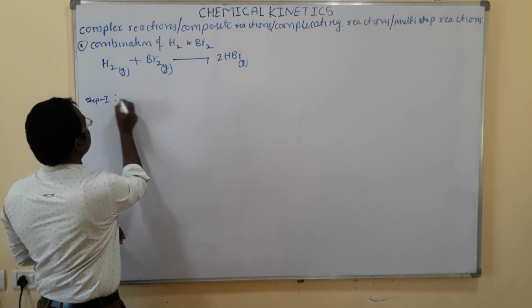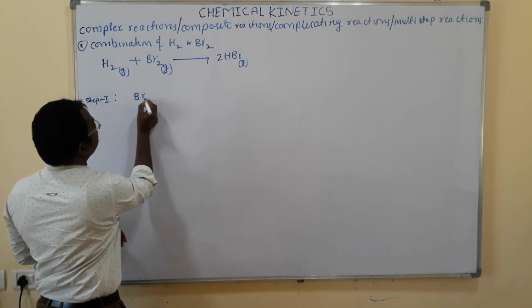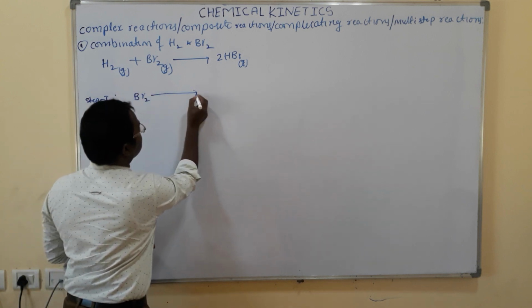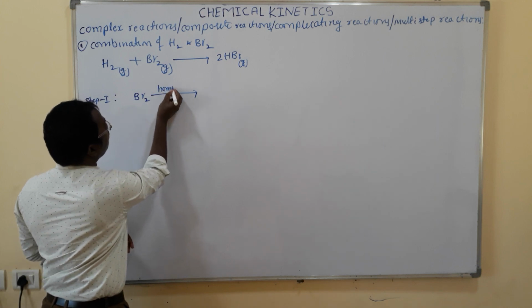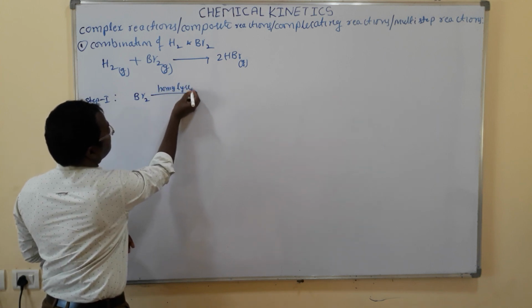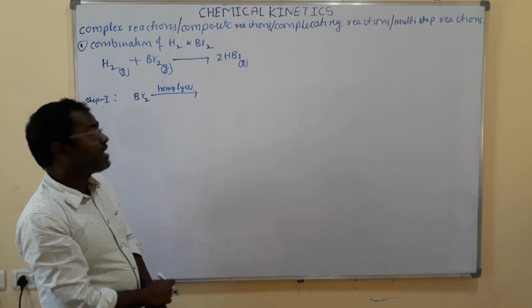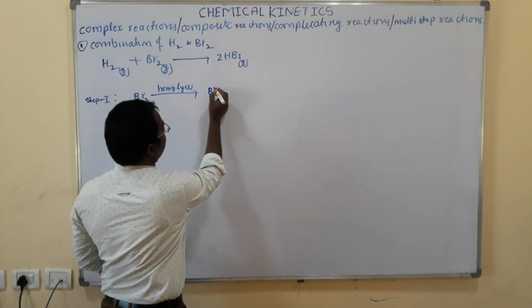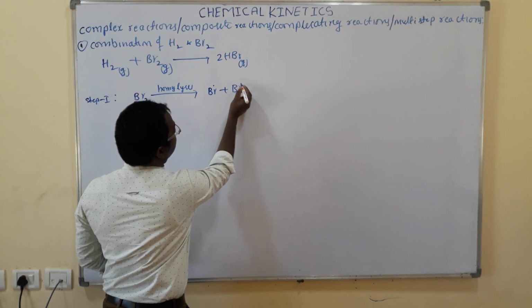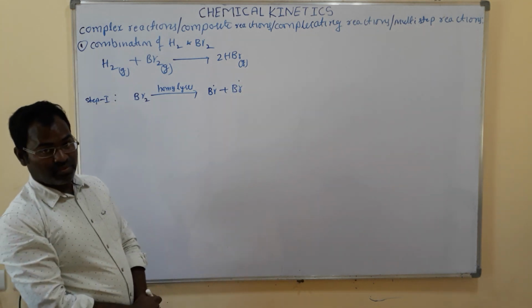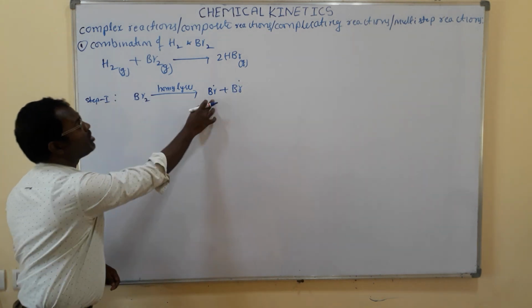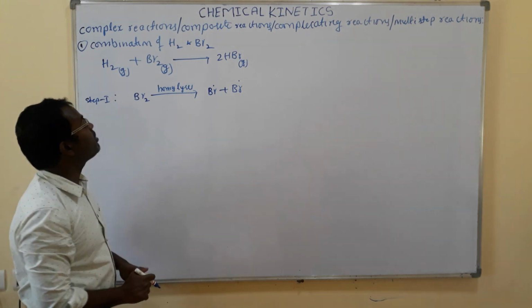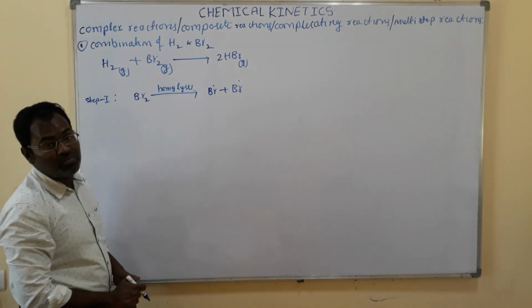It undergoes homolytic cleavage and gives 2 moles of bromine radicals. Once we get the bromine radicals, immediately they combine with the hydrogen molecule.